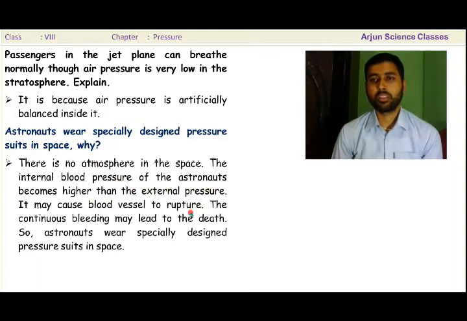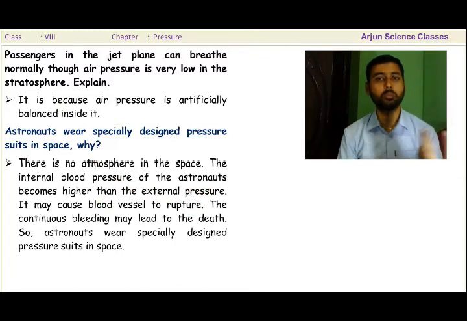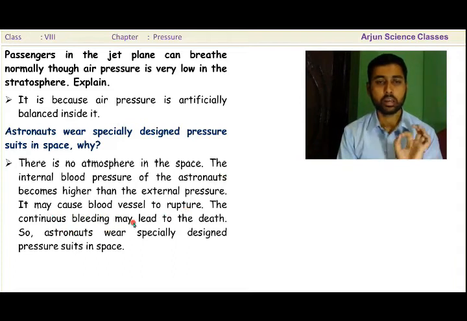It may cause blood vessels to rupture due to imbalance in the pressure, so the continuous bleeding may lead to death. So astronauts wear specially designed pressure suits in space. Once again, there is no atmosphere in space.